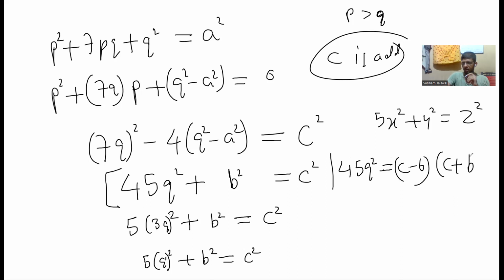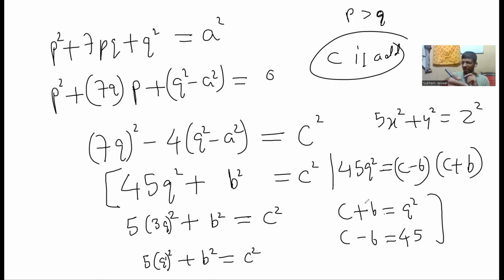Okay, c minus b and c plus b, and q dividing both, that case we have solved. So it means that q has to be only with c plus b. So then the possibility becomes that c plus b is q square and c minus b is 45. And this is also pretty easy. I will leave it to you to work this out, because you can solve for c and b, put them in and do all that. This also I will leave, okay?